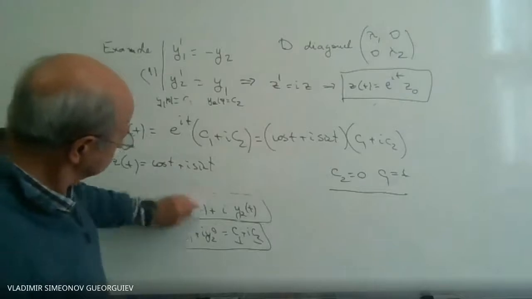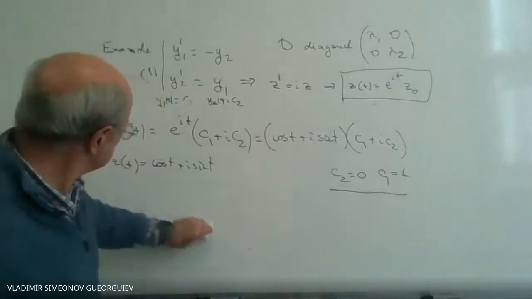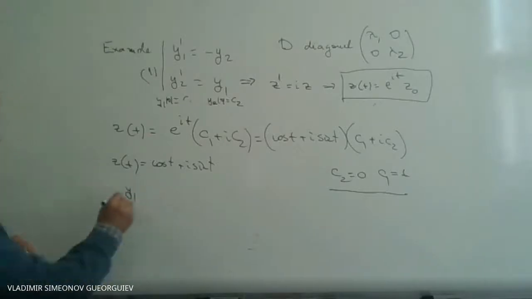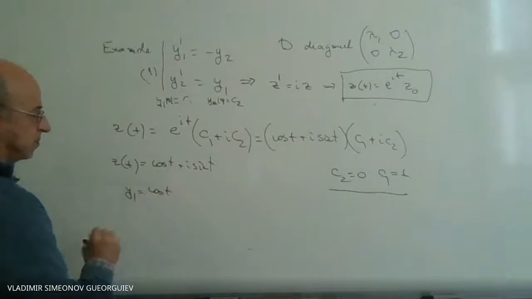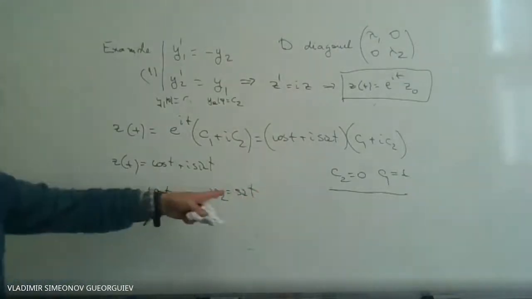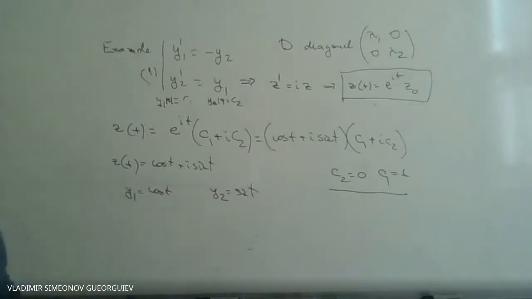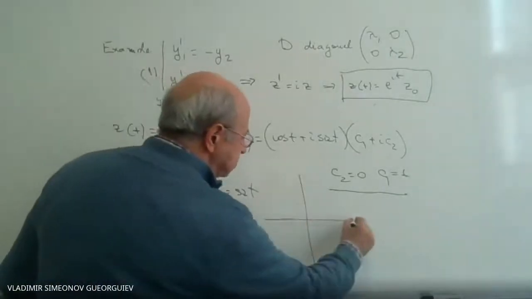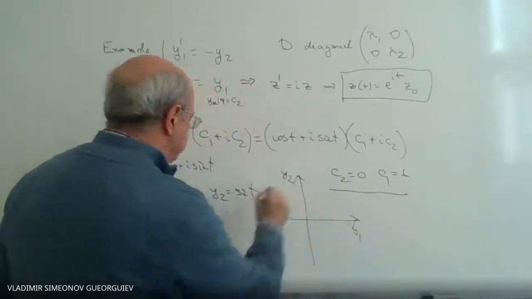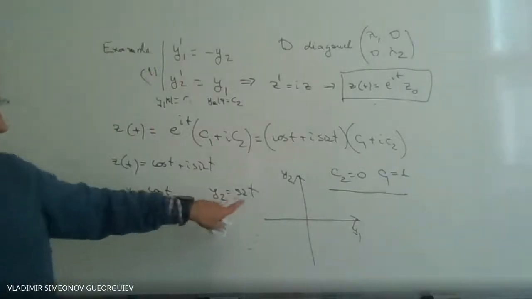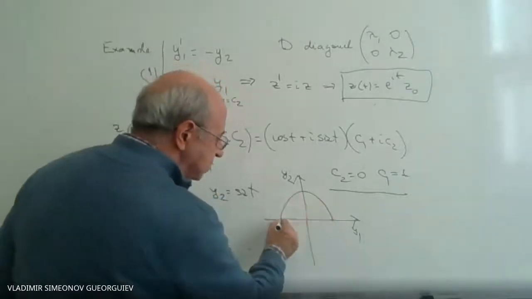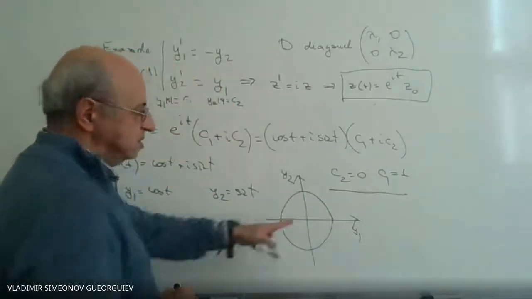So we can say that y1 was the real part, so this is cos t, and y2 is sine t. You can say immediately, when t is moving, where are your y1 and y2? You see, cosine squared plus sine squared always gives you 1. So this is a circle with radius 1.